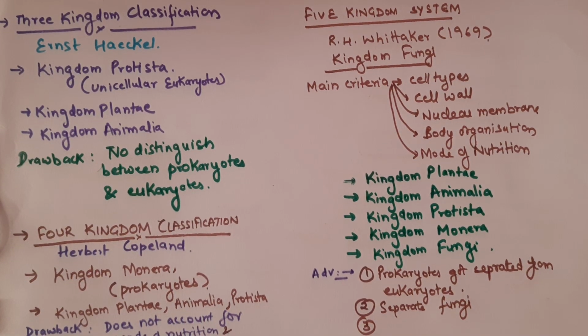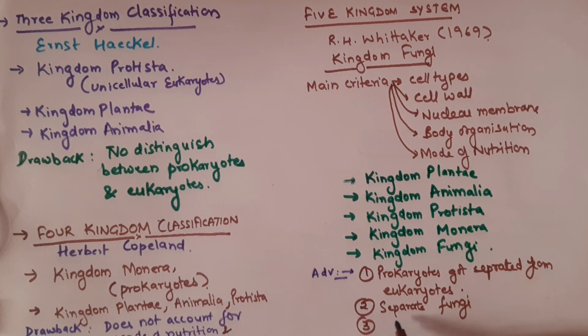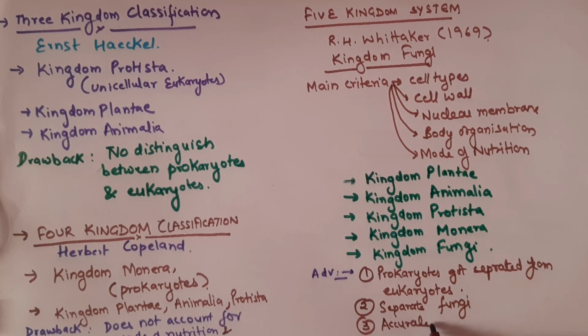And the third advantage associated with the five kingdom system is that it reflected evolutionary relationships more accurately.